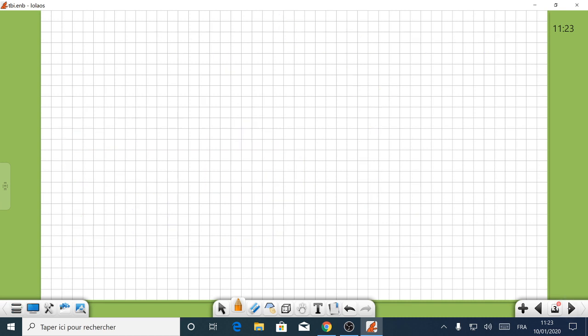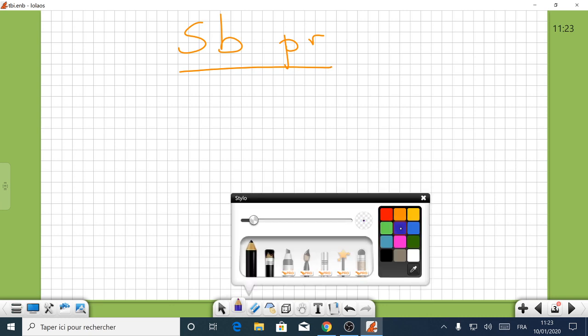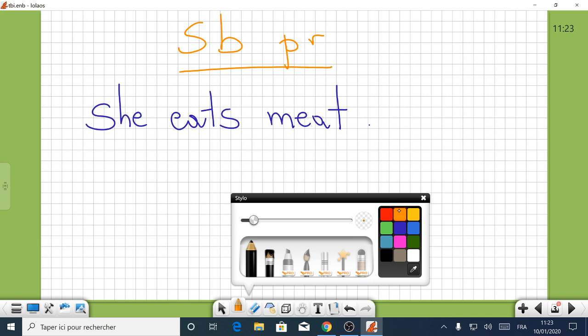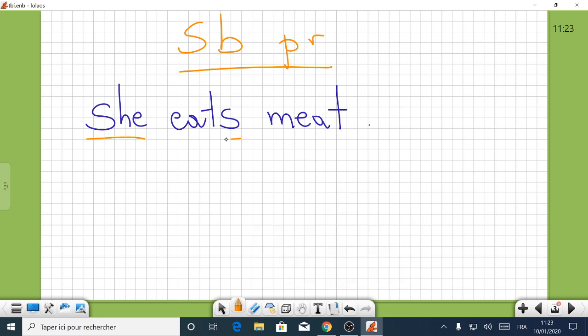Let's take another slide. We are always in the subject pronouns. I write a sentence to analyze it better. We say, for example, she eats meat. Here we have she, eats, and meat. What is she? A subject pronoun.